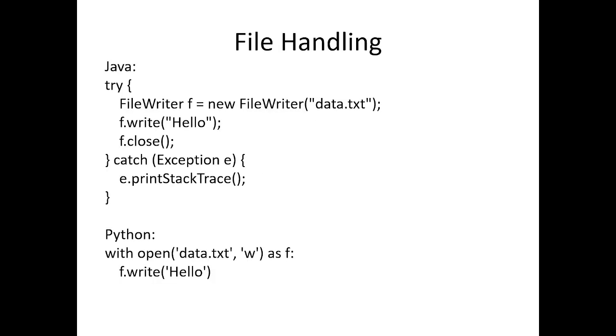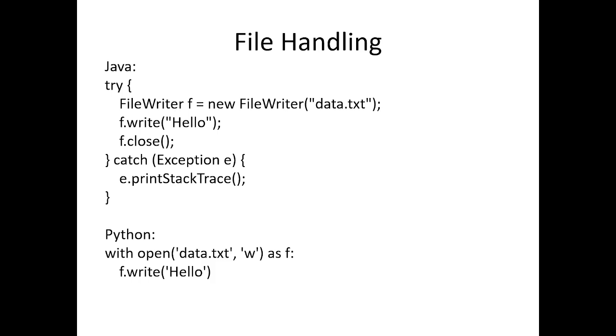And coming to file handling, see, if I want to just write hello in the data.txt file, and the data.txt file exists, how do I write hello in Java? We need a file object.